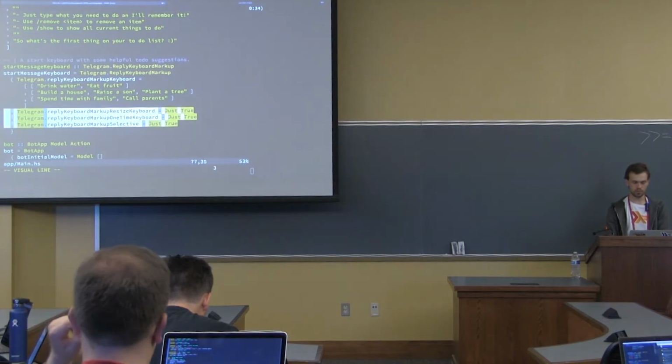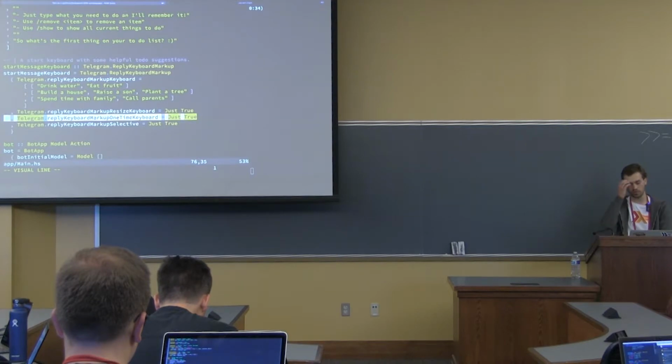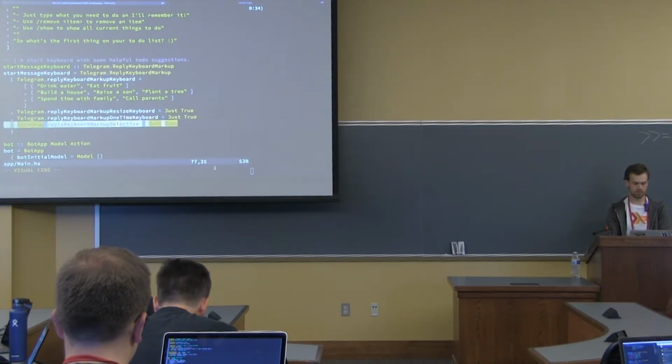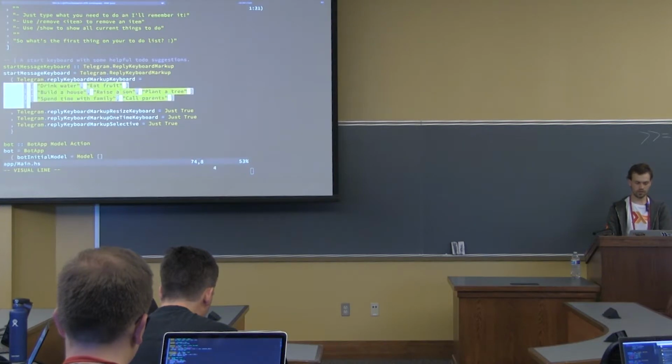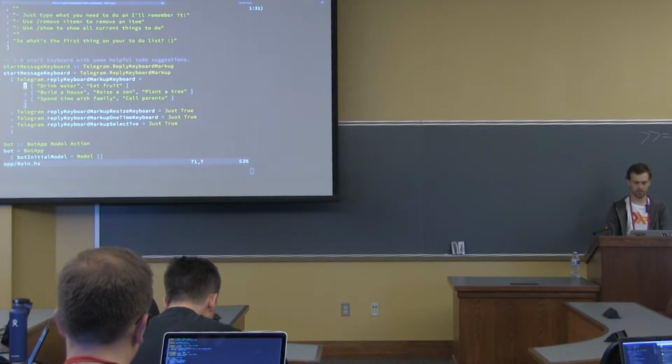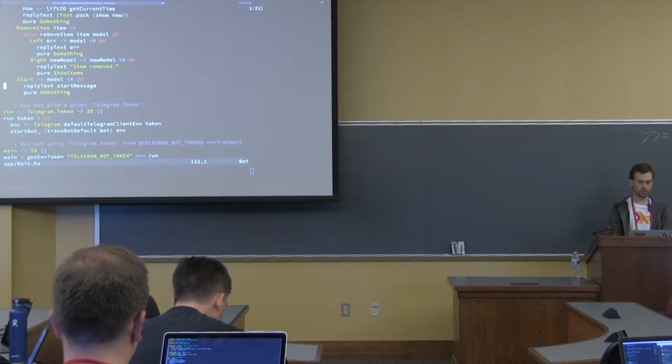And I also can tweak some parameters, like I can resize keyboard, I can have it one time so that it closes after the first time, and this option I don't actually recall what it's about. So there's that. So it's just a data structure that represents a reply keyboard. The main stuff here is this list of lists. So it's fairly easy to see that I have a few suggestions here bundled into 3 lines of buttons.